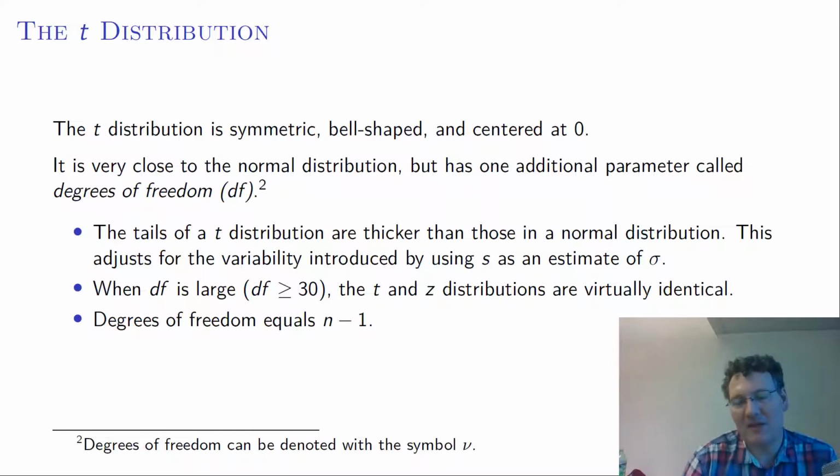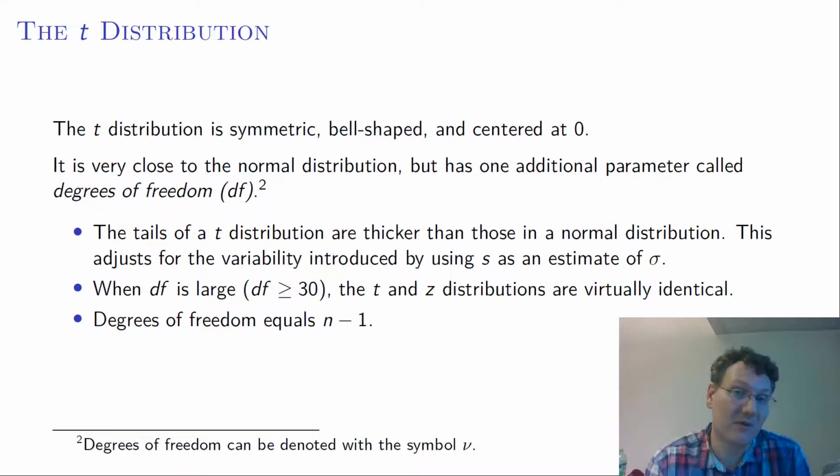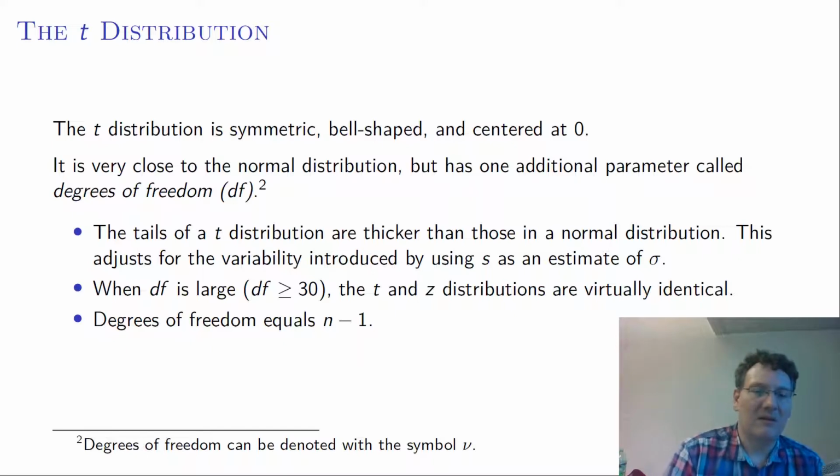How fat the tails are depends on the degrees of freedom, which is the one parameter in this distribution. As the degrees of freedom increases, and around 25, 30, it's really hard to tell the difference between the t distribution and the standard normal distribution. But for lower degrees of freedom, the t distribution has noticeably fatter tails.